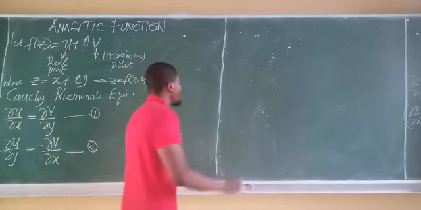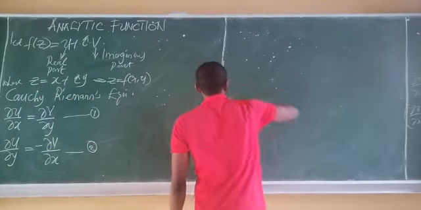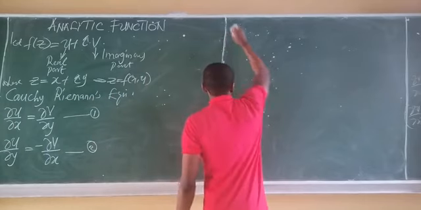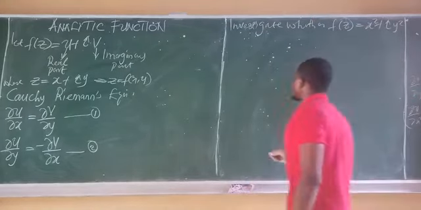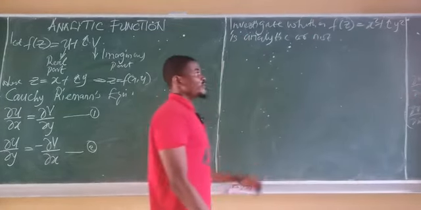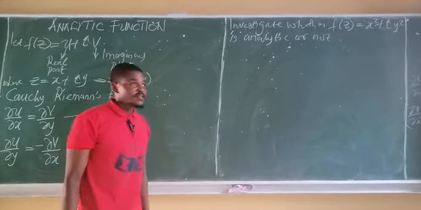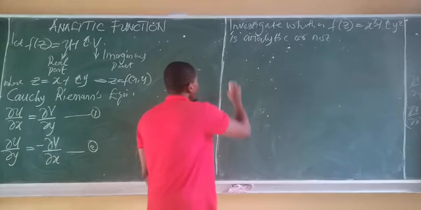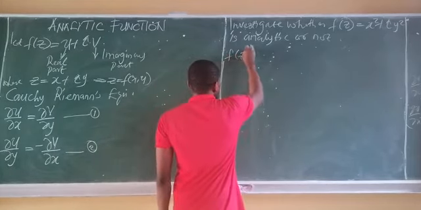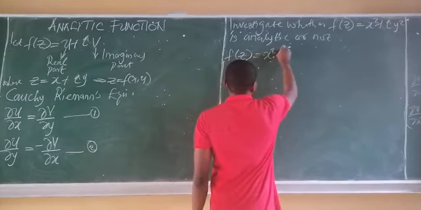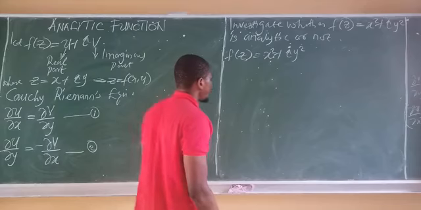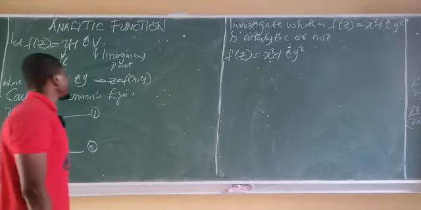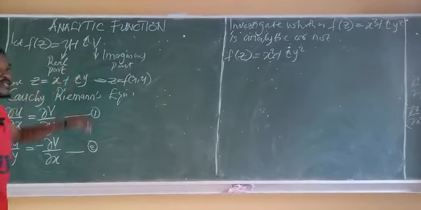For instance, let's say we are given a function to investigate whether it is analytic or not. So let's pull it out. We have that f of z equals x squared plus i y squared, but also not forgetting that we stated earlier that f of z is equal to u plus iv.